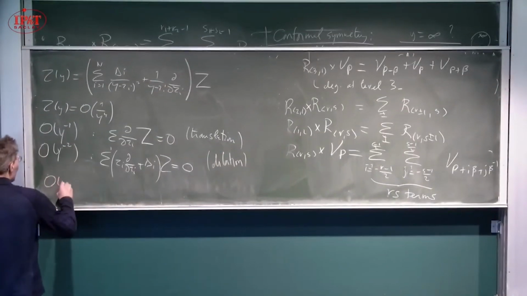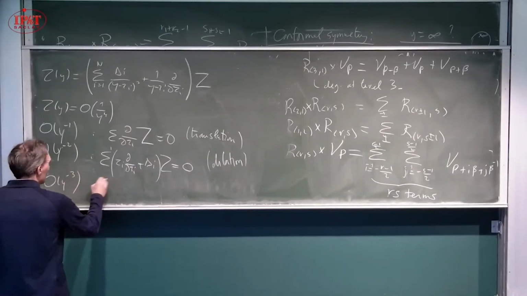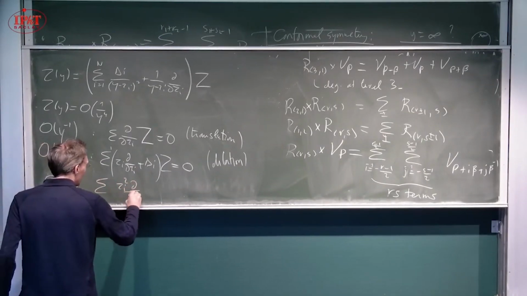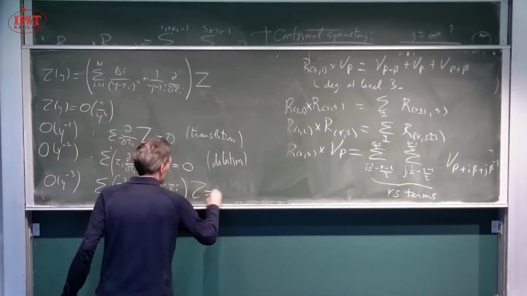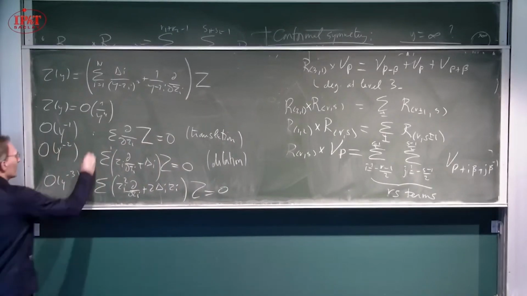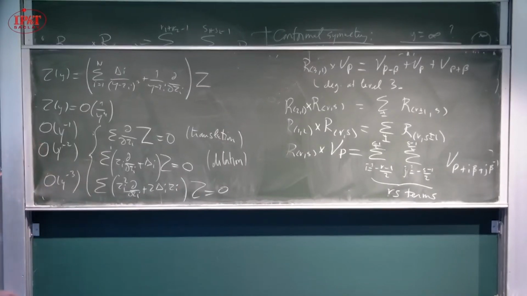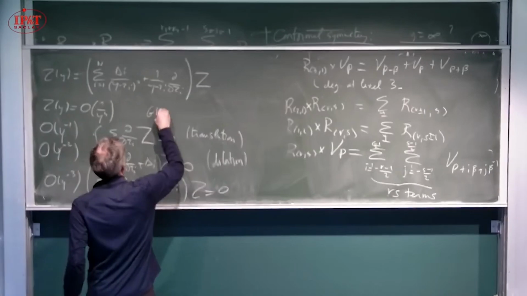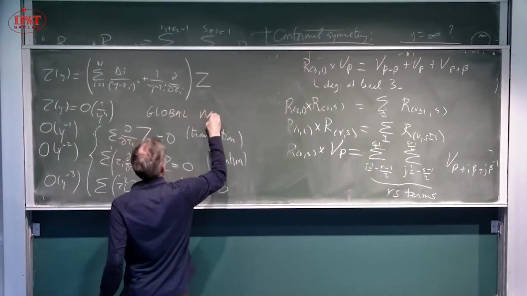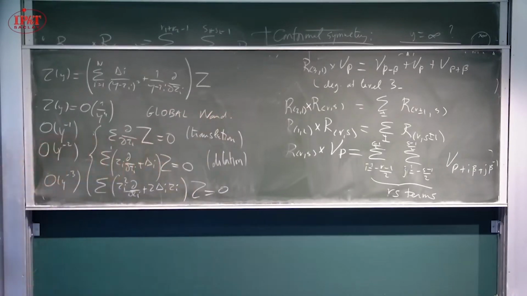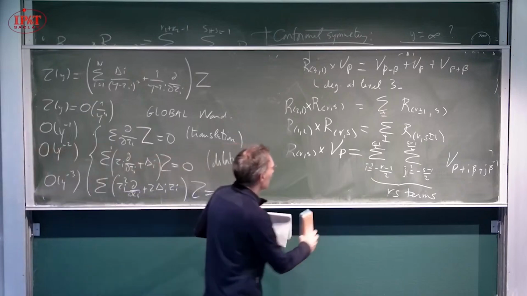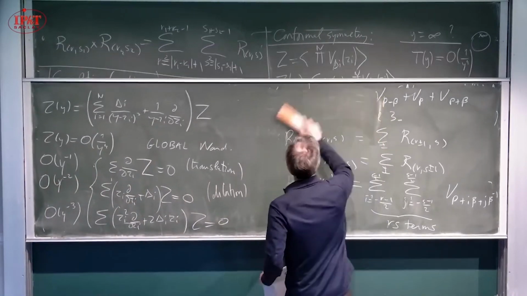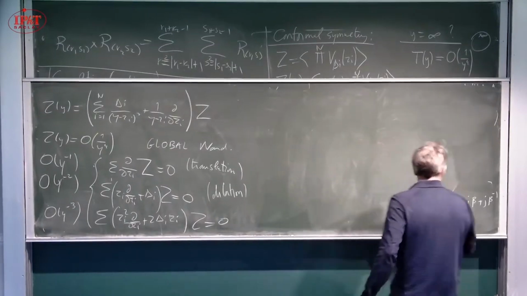And then order y to the minus 3: sum of z_i squared ∂/∂z_i plus 2 Δ_i z_i is 0. And so these three equations are the global Ward identities. And they tell you how our correlation function behaves under a global conformal transformation. Well, they are the infinitesimal version of the global conformal transformation.